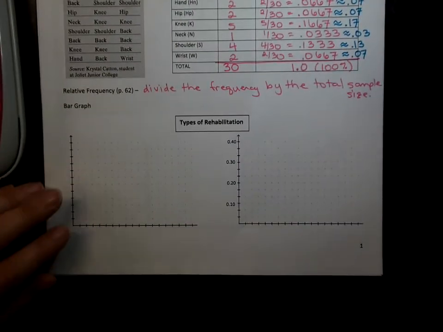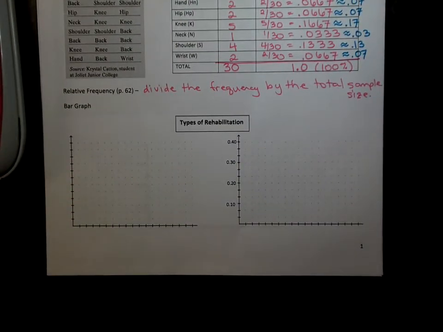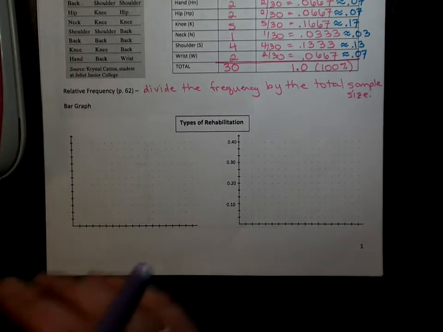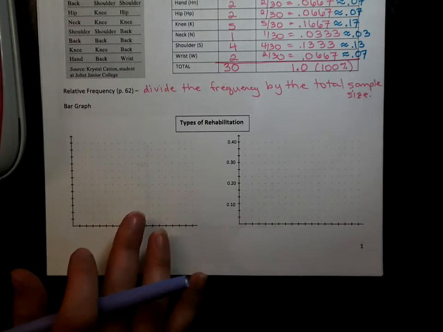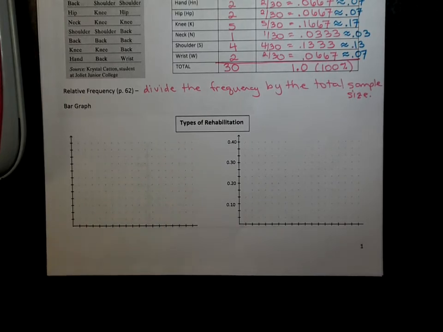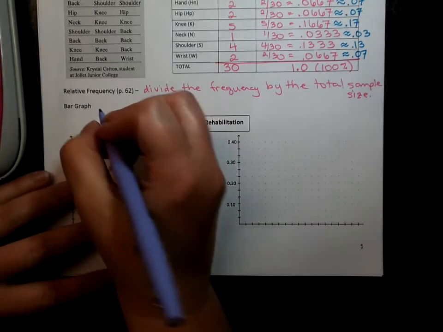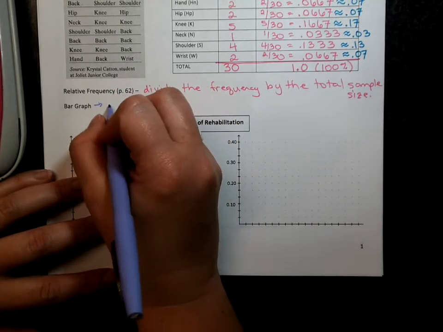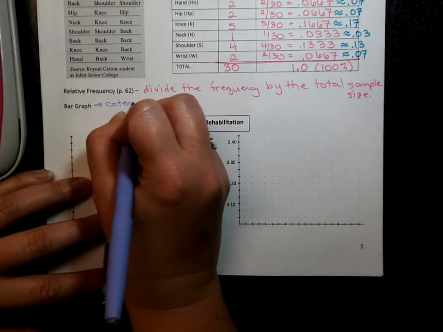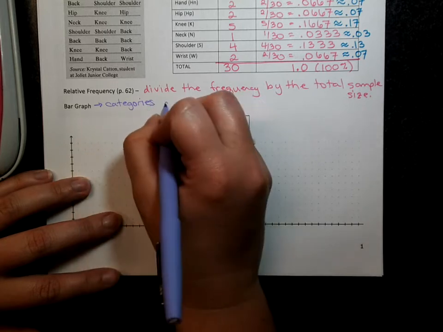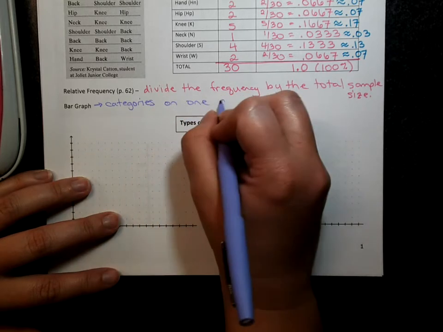we're going to make something called a bar graph. And you might have done this a long time ago in your education, so it might sound kind of familiar. We're going to specifically talk about how a bar graph works and where we put everything. So for a bar graph, you have categories on one axis.